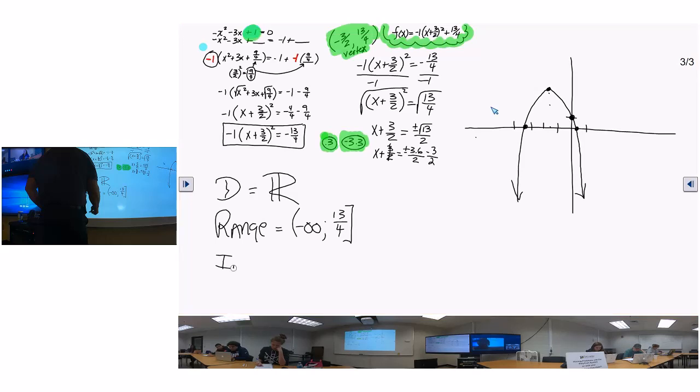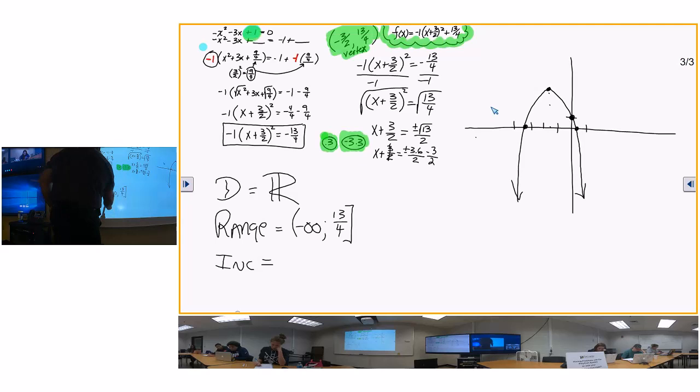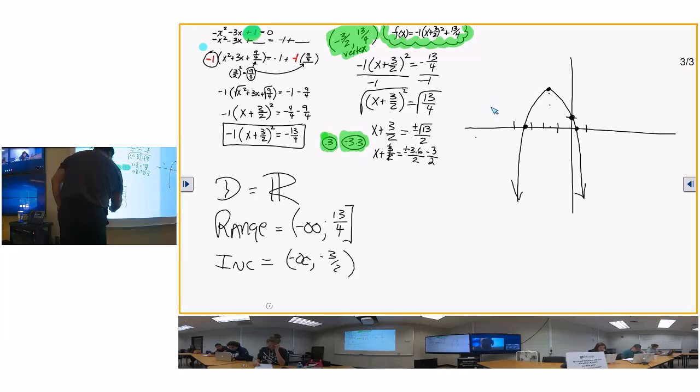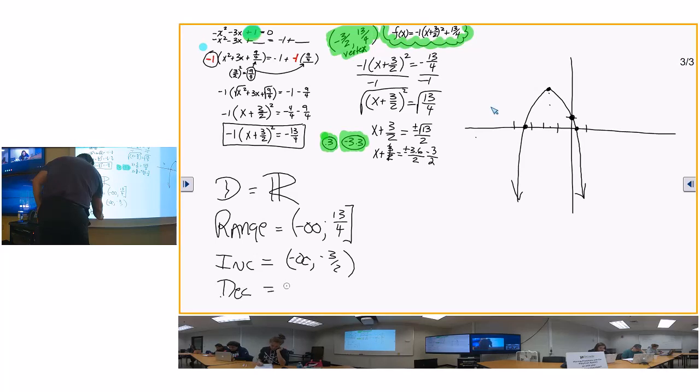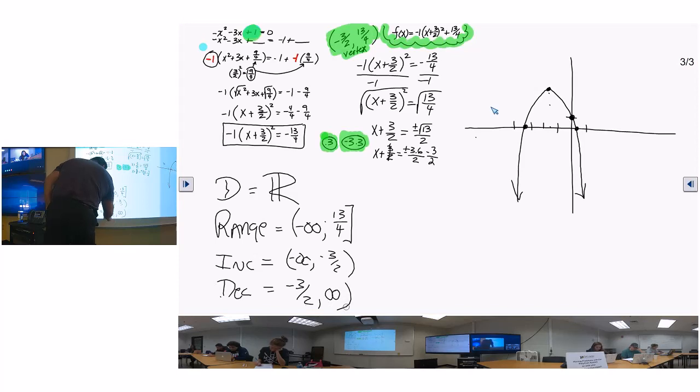Increasing from negative infinity to your x, which is negative 3/2. And then it is decreasing from negative 3/2 to what? To infinity.